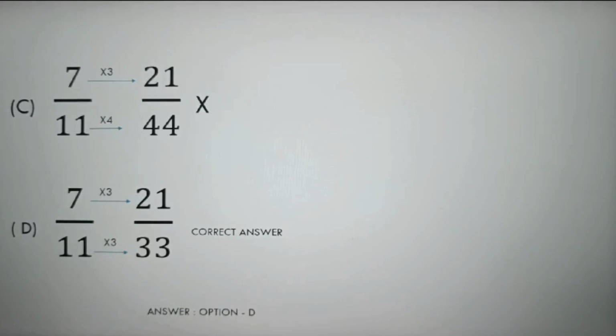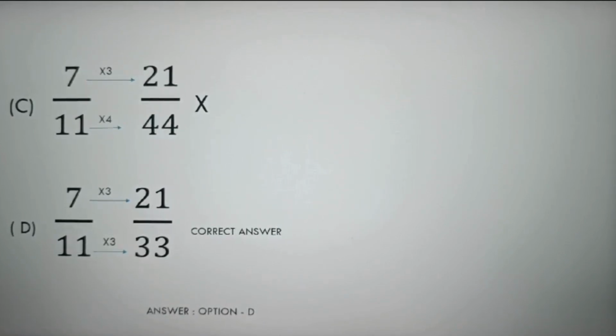Further, comparing option C, 21 by 44, with 7 by 11, the numerator 7 is increased 3 times whereas 11 is increased 4 times. So the increase is not the same, and 21 by 44 is not equal to 7 by 11. And finally, option D, 21 by 33, is observed.